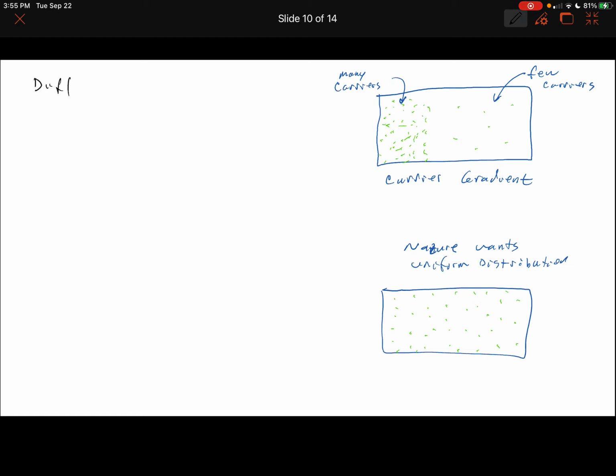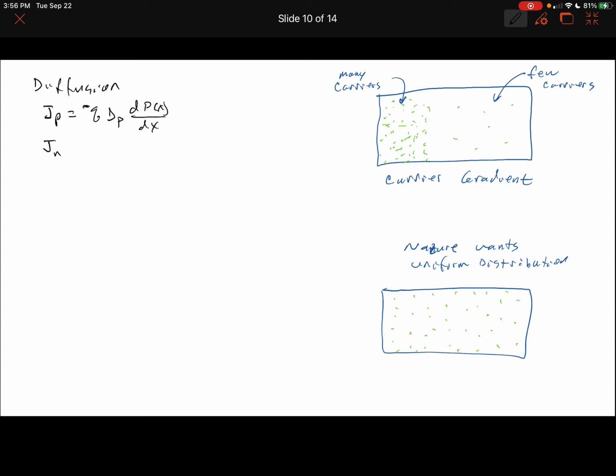And we can write the diffusion current, Jp, is equal to minus q D sub p times the concentration gradient of holes. There's a minus sign there.